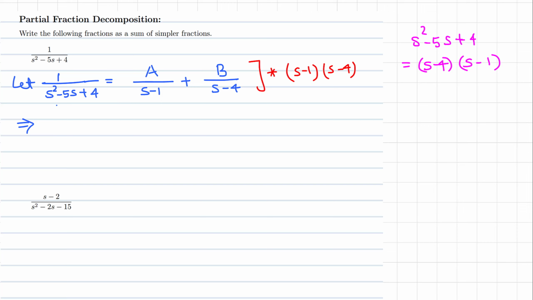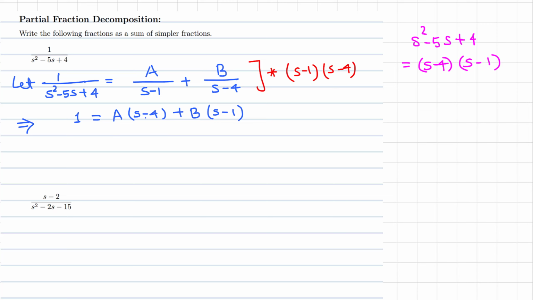This one is essentially s minus 1, s minus 4, so those cancel, so 1 equals, when we multiply here, s minus 1 cancels, a times s minus 4, plus b times s minus 1. So the top, 1 equals a times s minus 4 plus b times s minus 1. This works when we have distinct factors on the bottom, and this is true for all s.